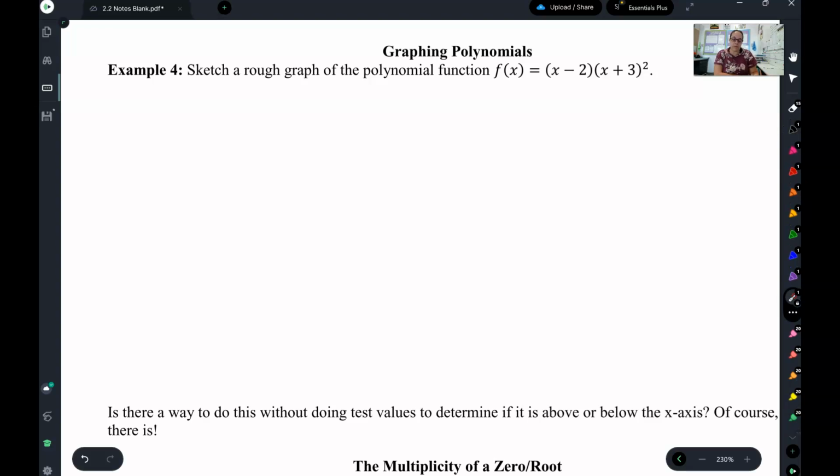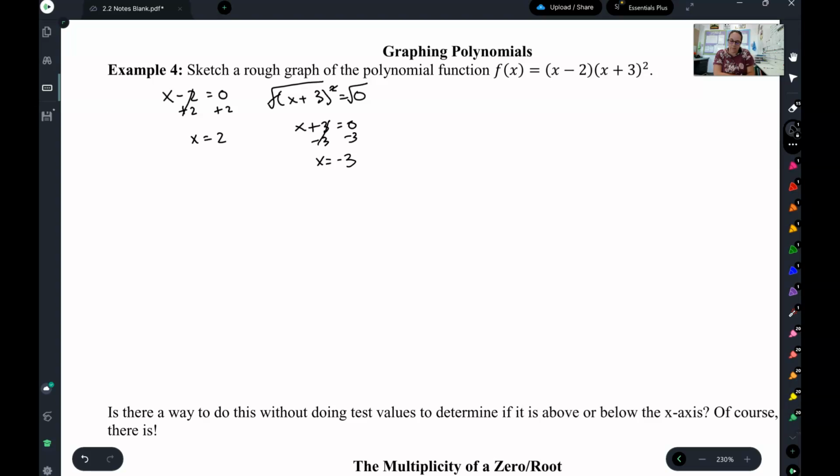Now, hopefully you'll notice very quickly that this equation we've been given is given to us in factored form, which means the x-intercepts are easy to find because I take both factors, set them equal to 0, solve, and when I solve them out, that gives me my x-intercepts.